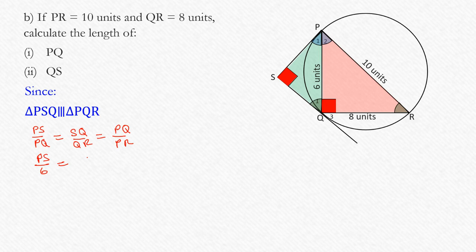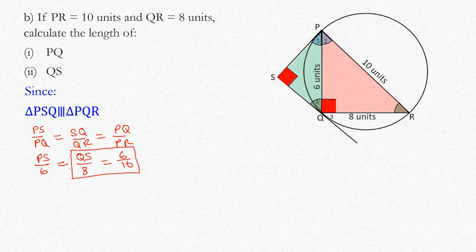QS we don't have, so that's what we're looking for, over QR is 8. And then PQ is 6 units, and PR is 10.